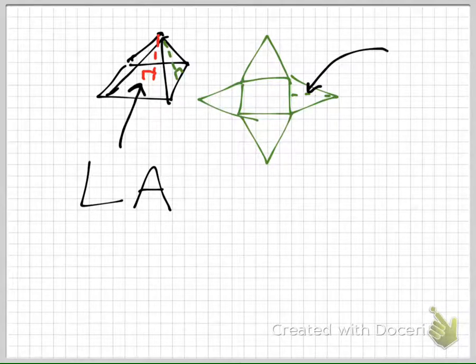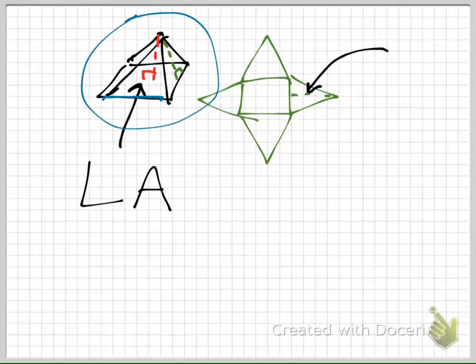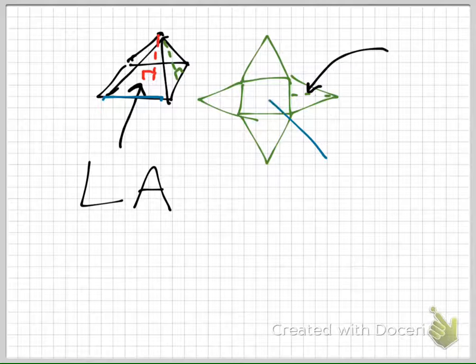The base of the pyramid, I'll put it in blue, the base of the pyramid is that thing, right? So, first of all, how many sides does that pyramid have? 5 sides, right? This square, or that rectangle, is this guy right here. Once you know these sides, this side here becomes the base for this triangle, and this side here becomes the base for that triangle.